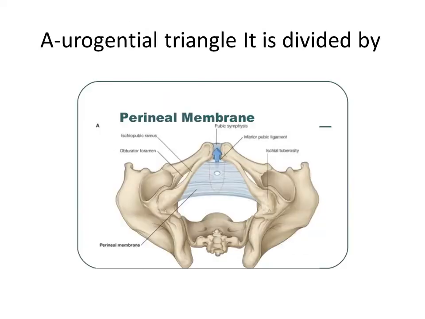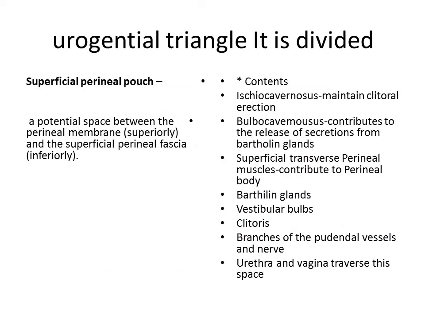This picture shows the perineal membrane, which divides the urogenital triangle into two parts: the superficial perineal pouch and the deep perineal pouch. The superficial perineal pouch is a potential space between the perineal membrane superiorly and the superficial perineal fascia inferiorly.